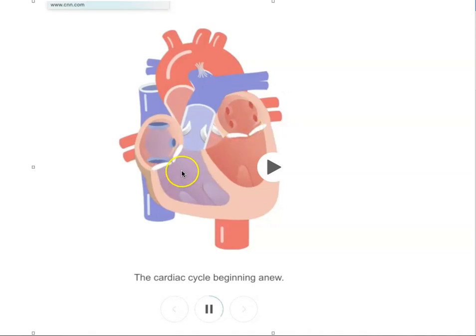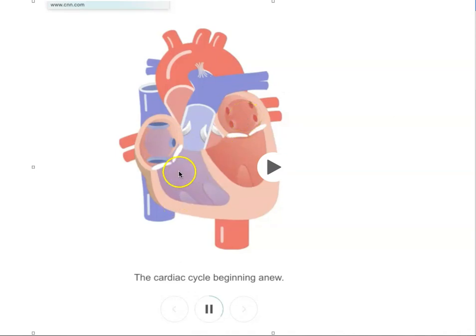These little cords hanging off the AV valves hold them down so they don't flip backwards, evert, letting the blood flow into the right atrium or the left atrium.